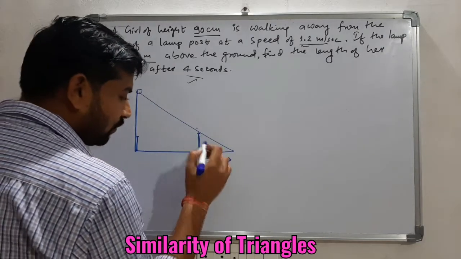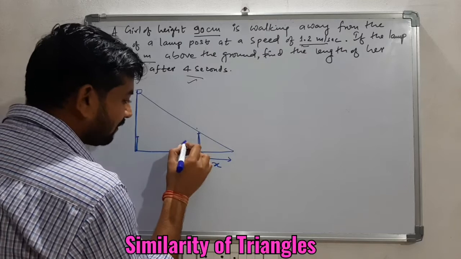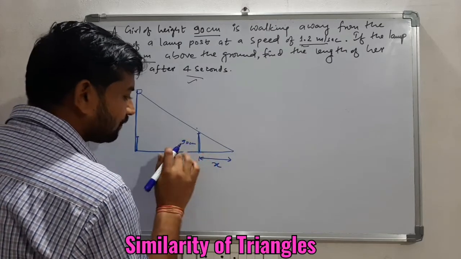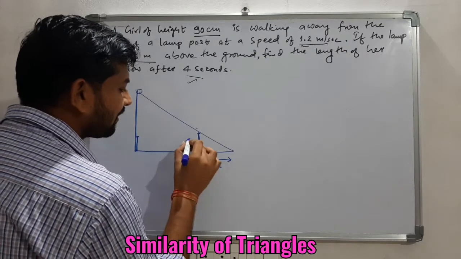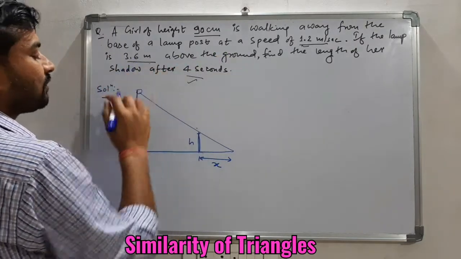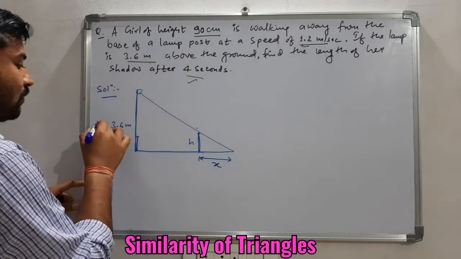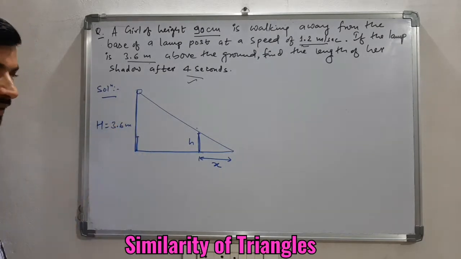ये जो शेडो इसकी बनेगी वो x मीटर है. The height of girl is 90 centimeter. I am writing it as h. The lamp post is 3.6 meter above ground, means the height of lamp post. Let me call it as capital H, right?